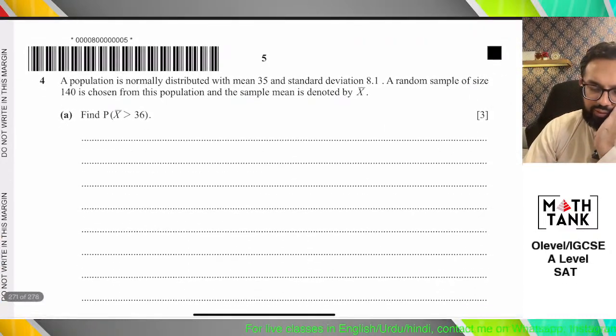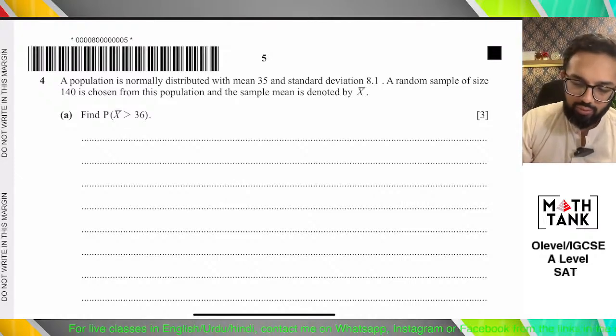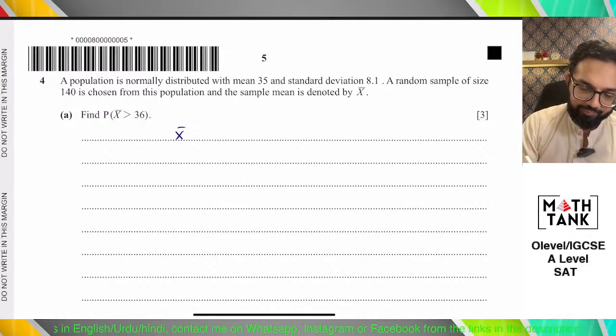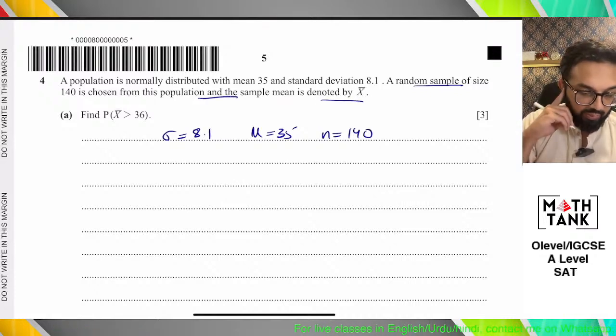Then question number 4 says a normally distributed variable with mean 35 and standard deviation 8.1. A sample size of 140 is chosen, and the sample mean is denoted by x bar.